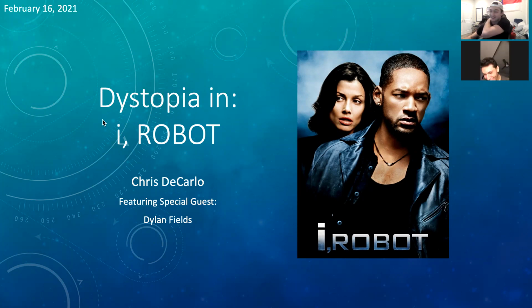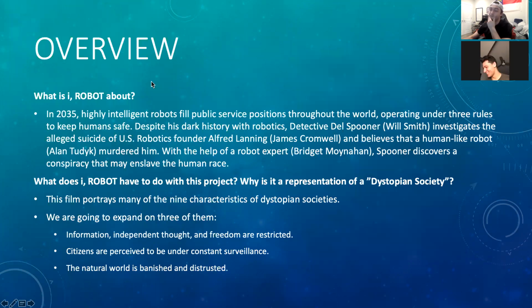So, just getting right into it, I guess we'll start with what is I, Robot about. I copy pasted the description from Google, but just to recap it a little bit, it takes place in 2035. Highly intelligent robots fill basically any position throughout the world, operating under three rules to keep humans safe, which I'll dive into in the next few slides.